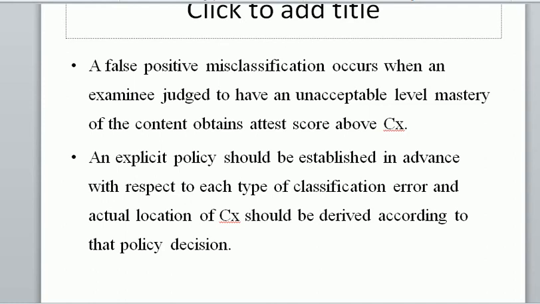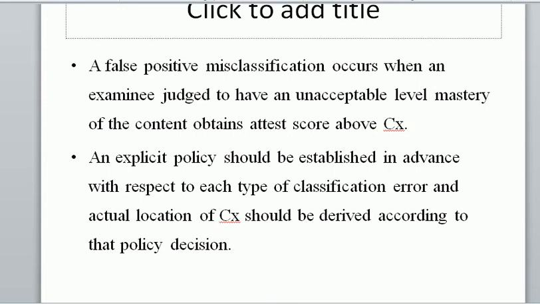An explicit policy or an open policy should be established in advance. So to address these limitations, the experts suggested some techniques.